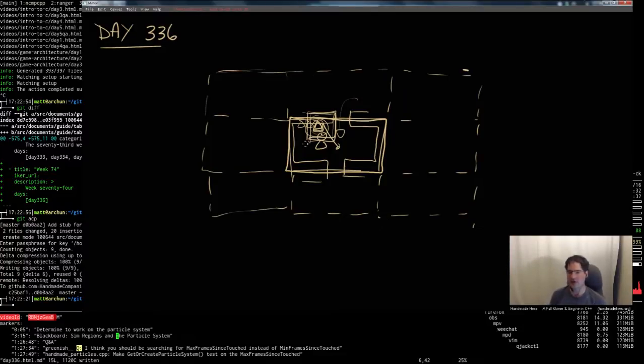The particle systems are going to have to get unpacked in a similar fashion, where we unpack a particle system when we know that it's within our view or our simulation region, and we simulate it.